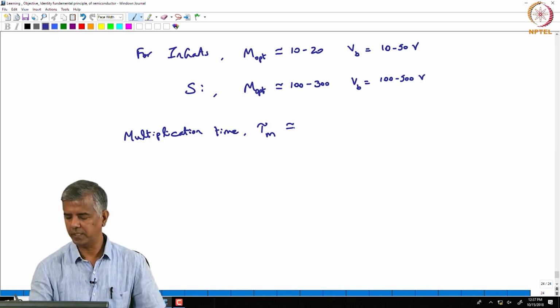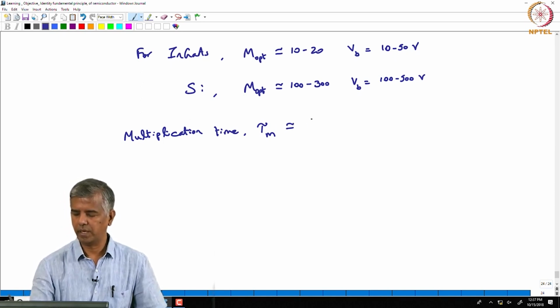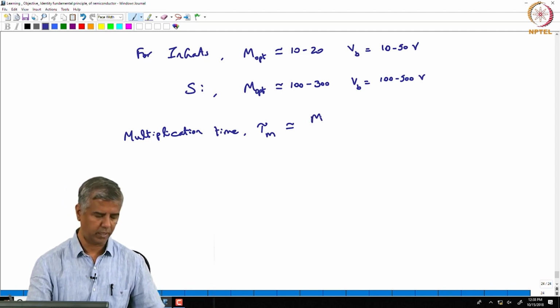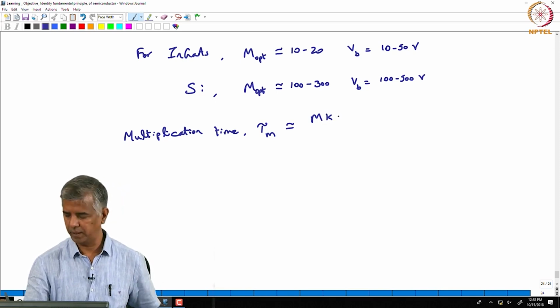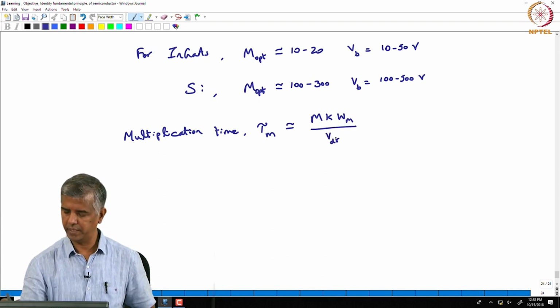This multiplication time can be approximated, and I am not deriving this because once again it is a fairly long derivation, as m multiplied by k multiplied by Wm over VDR.